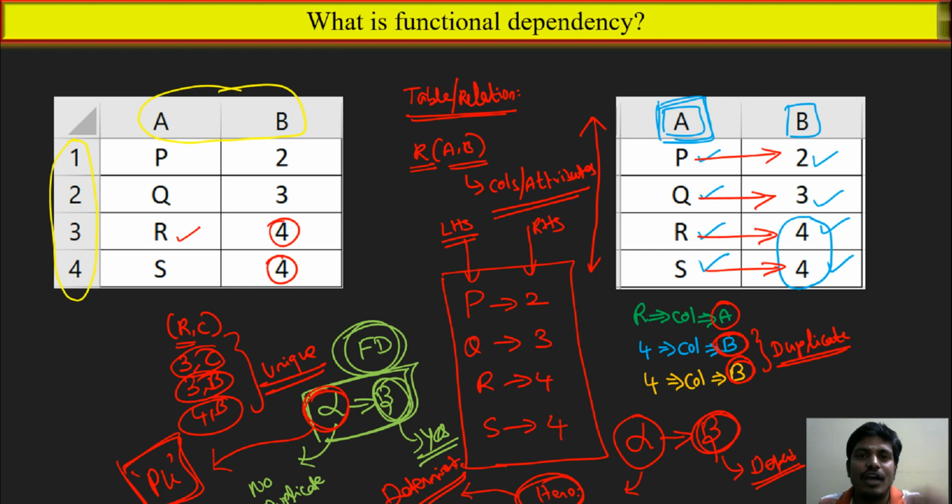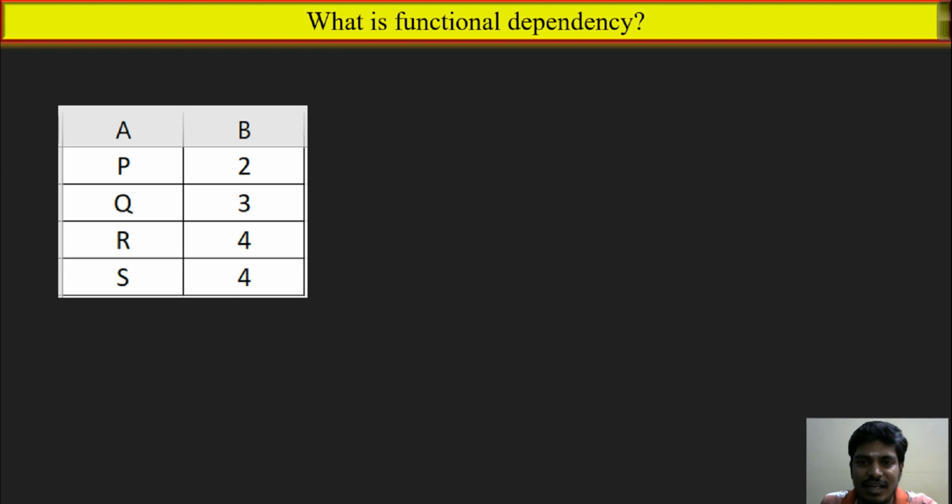Like this, we are going to discuss a lot of concepts starting from keys. In keys, we are going to discuss different types of keys: primary key, super key, candidate key, alternate key, foreign key. And then we are going to discuss how to find the candidate key for a given relation using one special algorithm. And then we are going to discuss highest normal form, whether the given relation is in BCNF, 3NF, 2NF or 1NF.